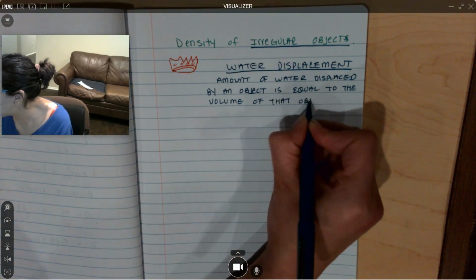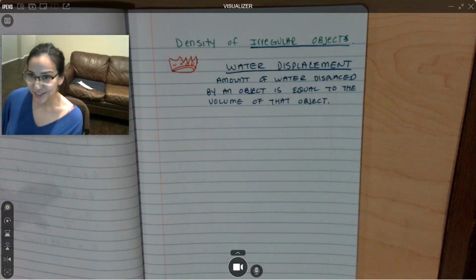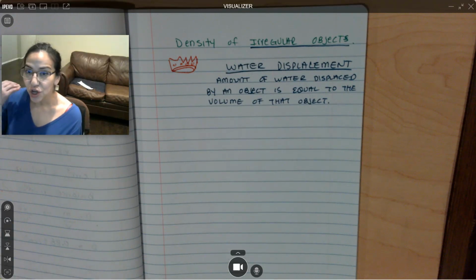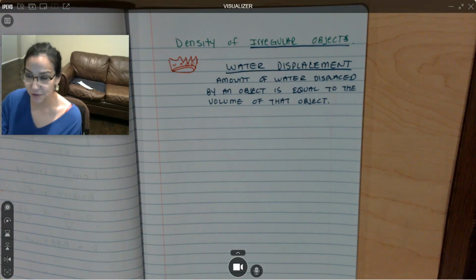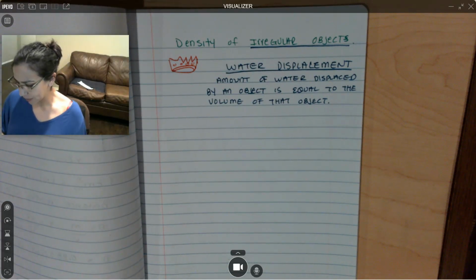That is actually really, really good to know. This is like a 1-to-1 ratio, okay? So if you displace 50 milliliters of water, you have 50 milliliters of that object. That's the volume of that object, right?